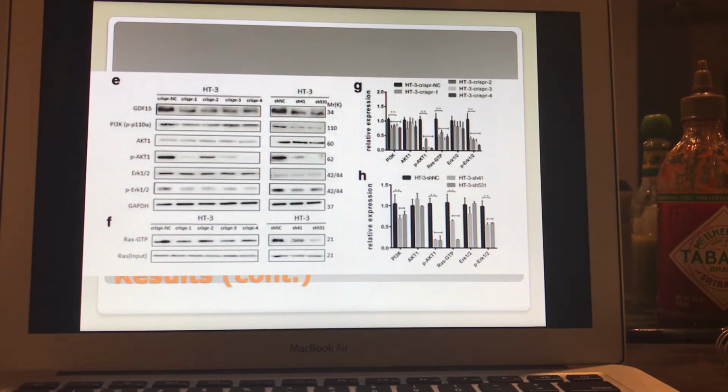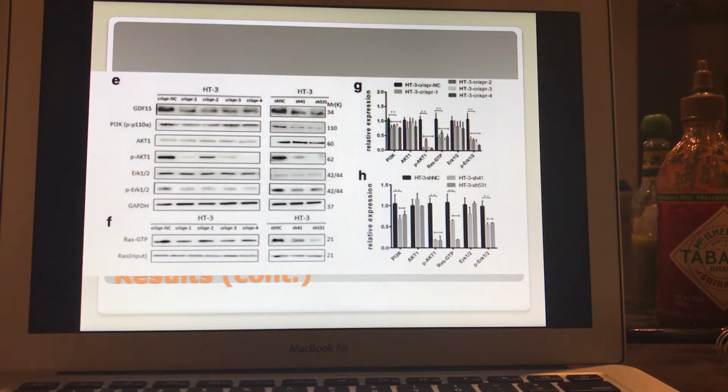Figures E, F, G, and H show that GDF15 knockdown in HT3 cells by CRISPR technology and by shRNA decreased the expression of PI3K, pAKT1, pERK1, pERK2, and RAS-GTP compared with HT3 CRISPR-NC and HT3 shNC cells.